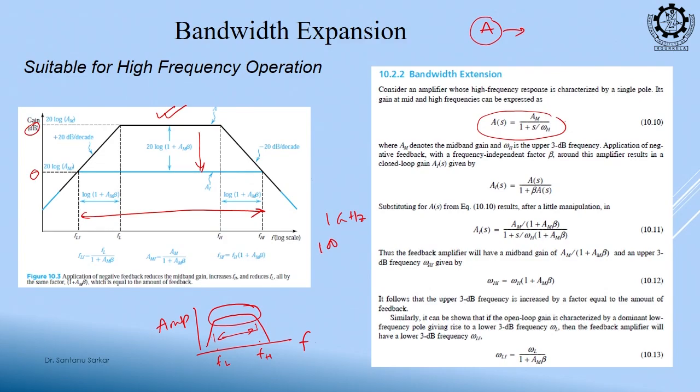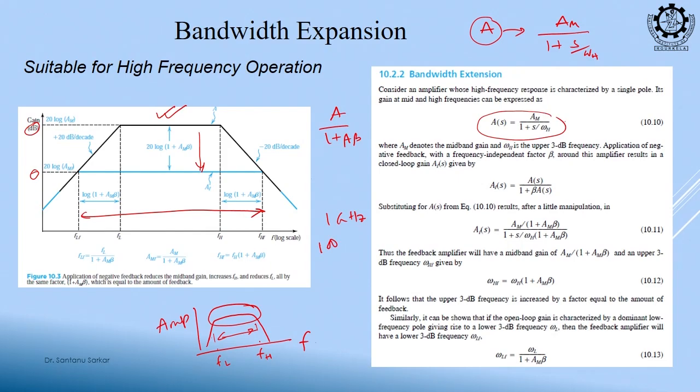Do not get confused. Our equation is A by 1 plus A beta, that is simple, that you know. Now, in this A, we will modify A as A_M by 1 plus S into, here they have written, omega h.